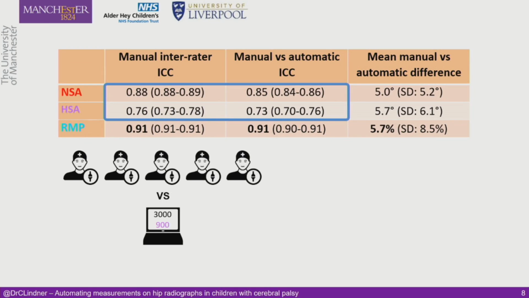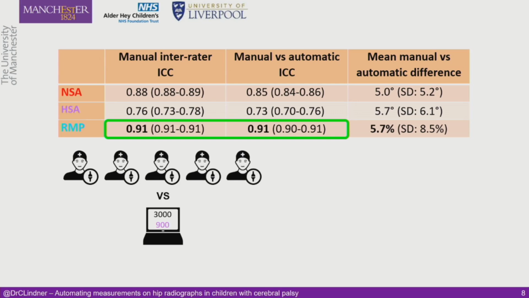Now, in terms of results, we found that there was good agreement within the clinical experts, as well as between the experts and the automatic system, and there was moderate agreement for head shaft angle. For ramus migration percentage, which is the key measurement to assess hip migration in children, we found excellent agreement within the clinical experts, but also between the manual clinical expert measurements and the automated measurements.